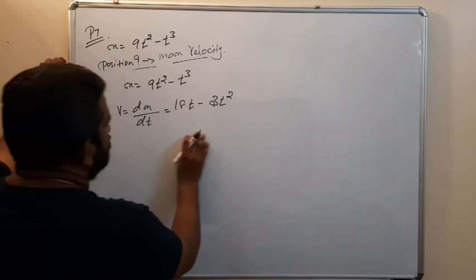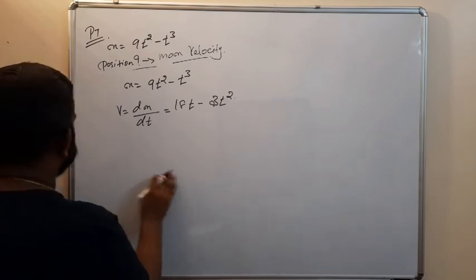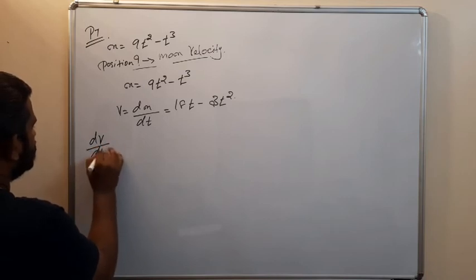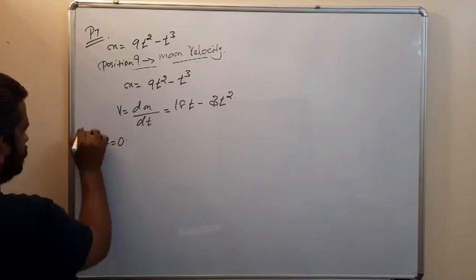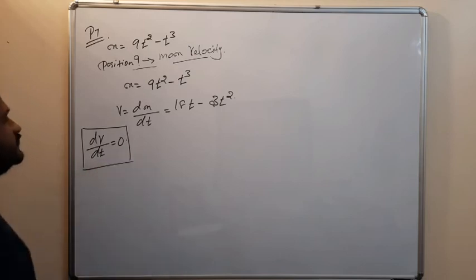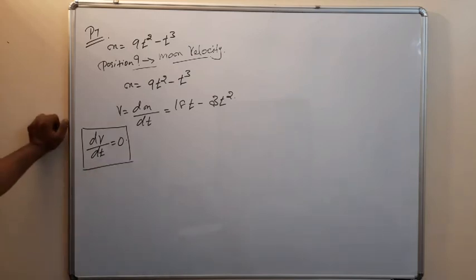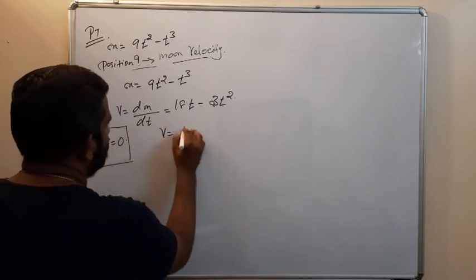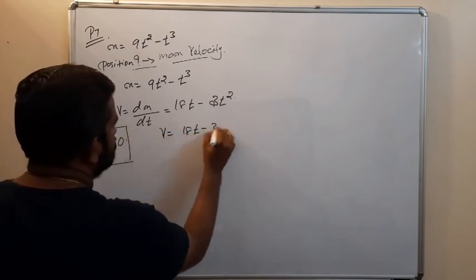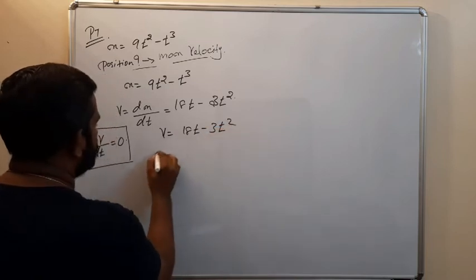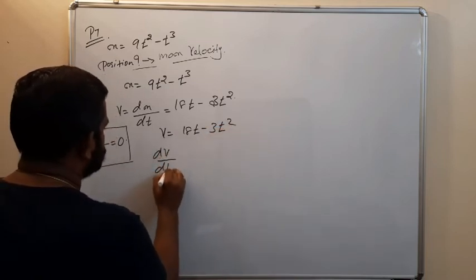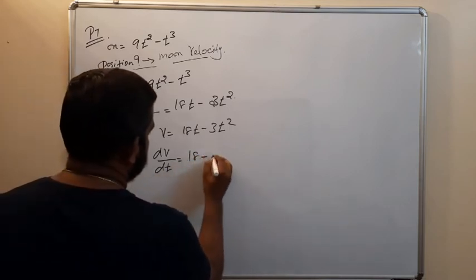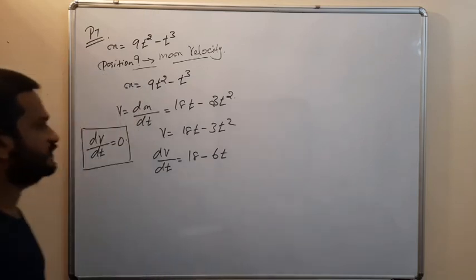So the maximum velocity means dv by dt is equal to 0. So we have to find this, if v is equal to 18t minus 3t square, then dv by dt is equal to 18 minus 6t.